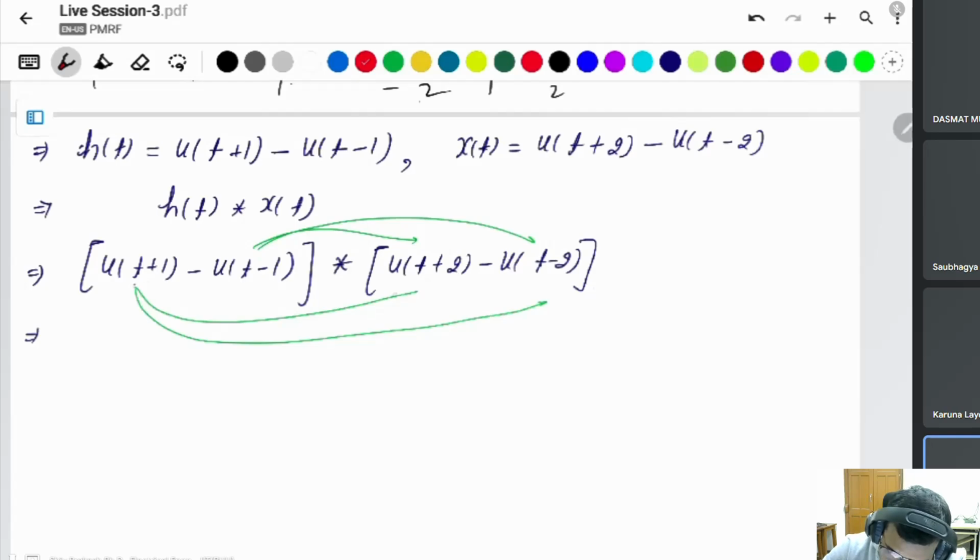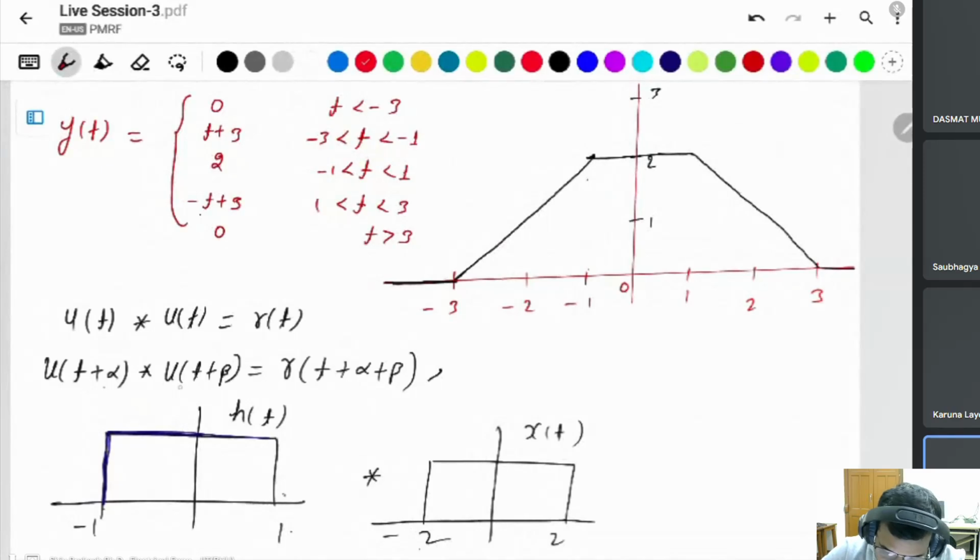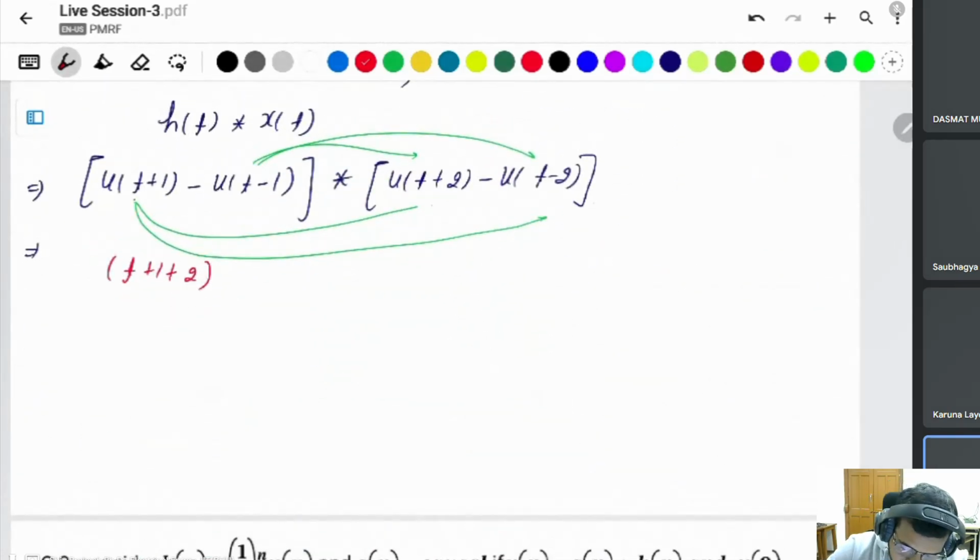If you multiply ut plus 1 into ut plus 2, then there is rt plus 1 plus 2, because ut plus alpha convolved with ut plus beta is rt plus alpha plus beta. Okay, this is not a u, this is the r: rt plus 3. Then same thing, multiply this one, negative should be negative, and this is also a unity step.